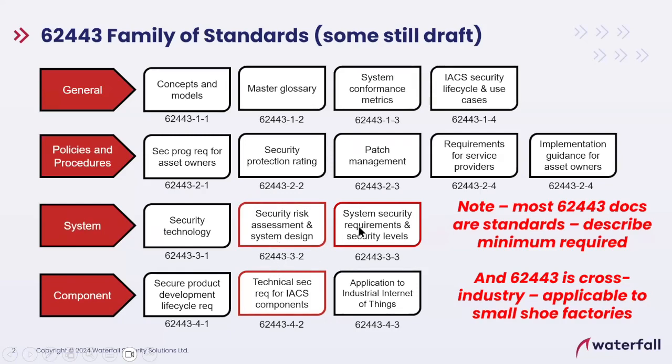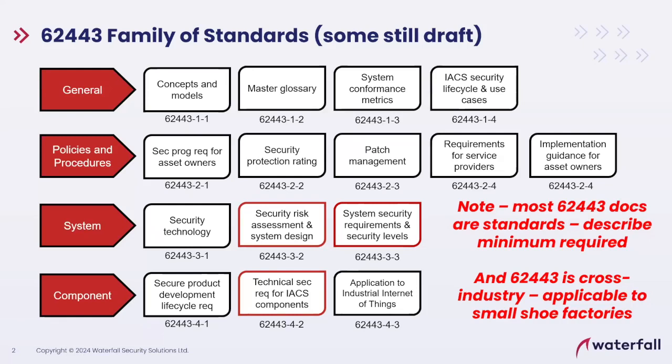We're also going to talk about 3-3, which is the security controls, which I regard as sort of the heart, the brains of the 62443 family, because it talks about what you have to do to secure systems. And this, of course, is the goal: secure industrial control systems. I'm also going to talk about some stuff at the end about using certified components.